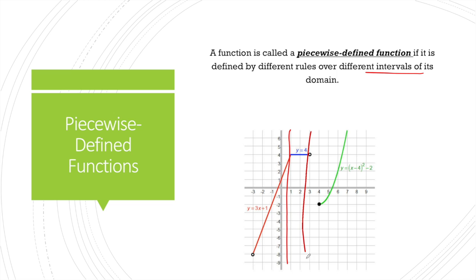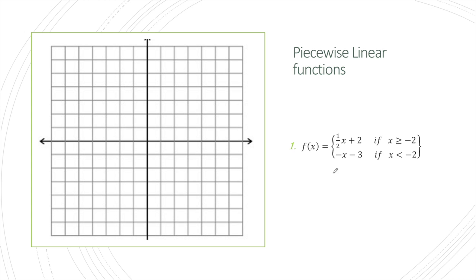For this blue chunk here, our function is defined by the horizontal line y equals 4. And then for this section of our domain over here, we're defined by a parabola, okay? So it's going to tell you how to break up your interval when it gives you the instructions for the piecewise function. Let's go ahead and graph one.